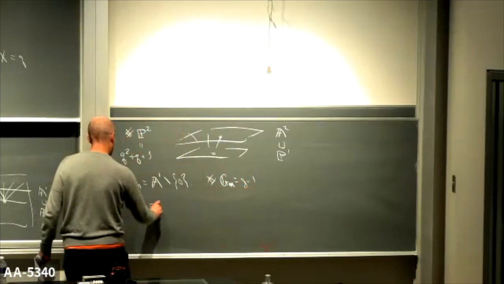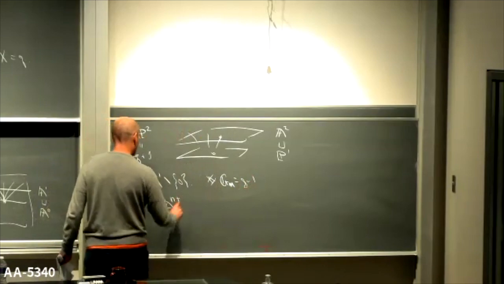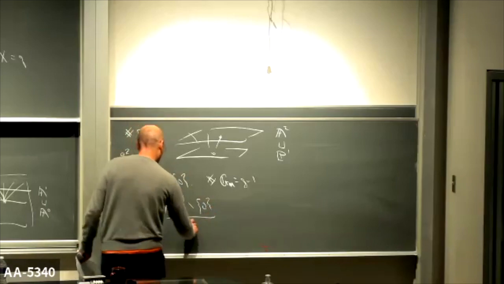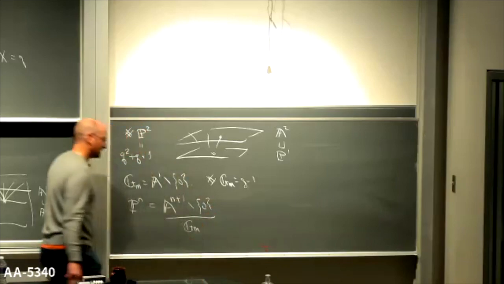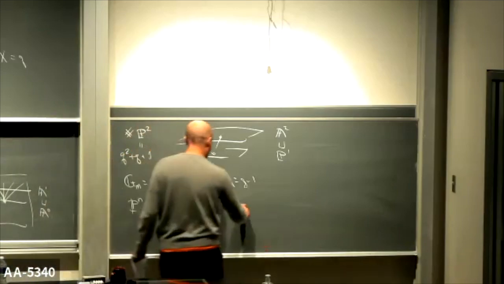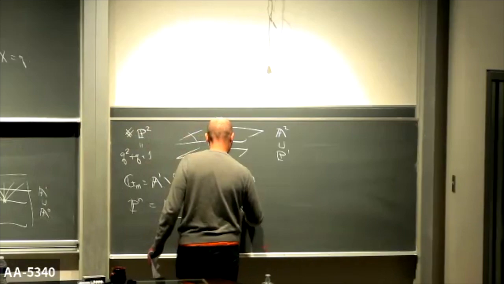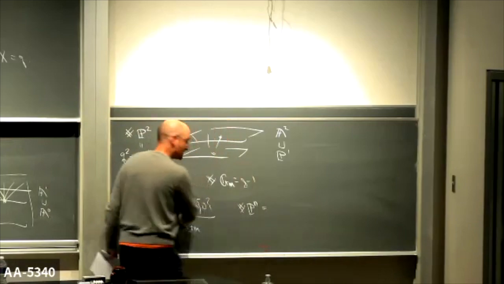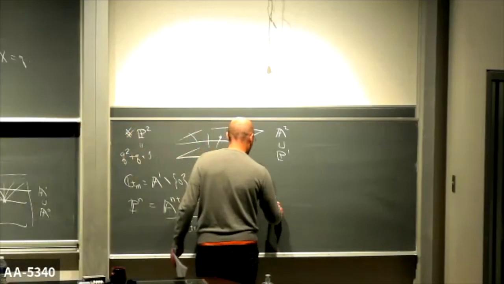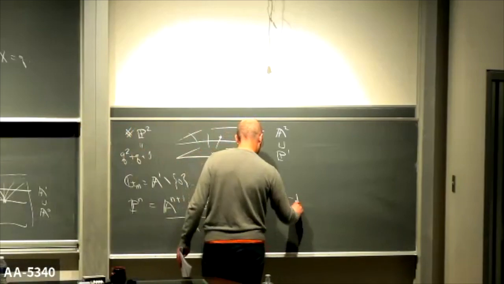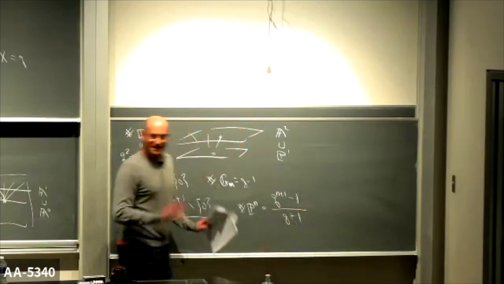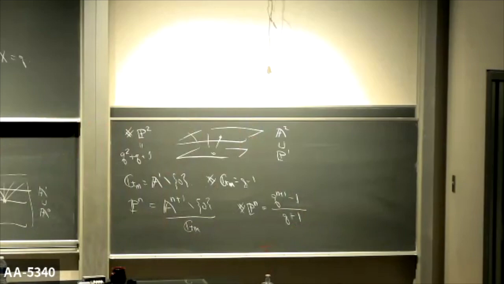And the projective space is the affine space of dimension 1 higher minus the origin divided by the action of the multiplicative group. And the point counts behave well. So here we would have that the number of points on Pn, well, this is the number of points in affine space minus the origin. So that would be q to the n plus 1 minus 1, divided by q minus 1, which is indeed 1 plus q up to q to the n.